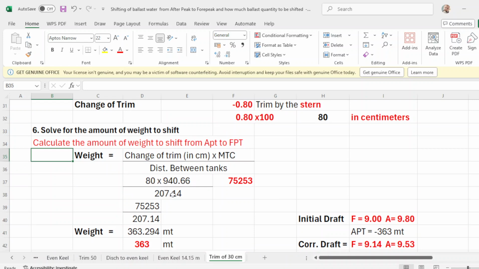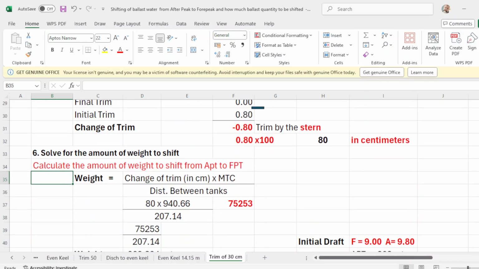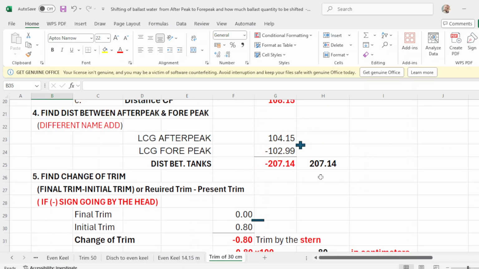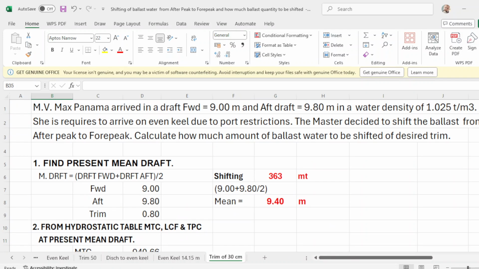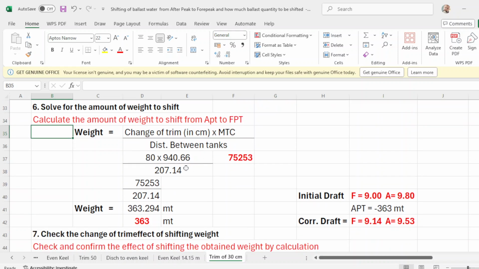Your MTC is 940.66, and your distance between tanks is 207.14. Multiply this one, that will be 252.53.